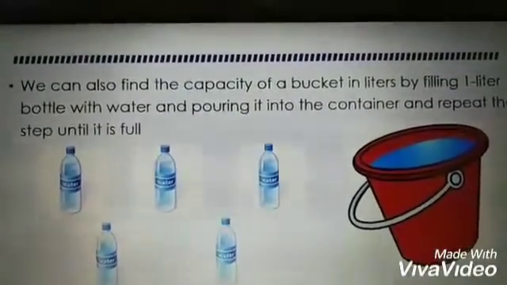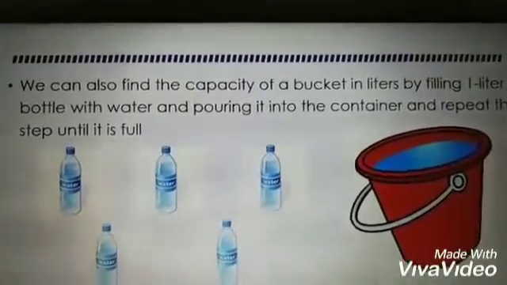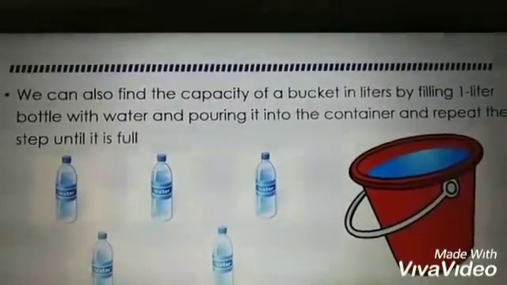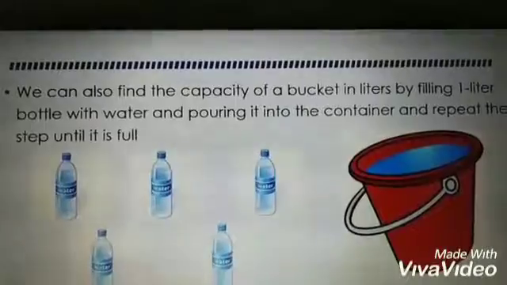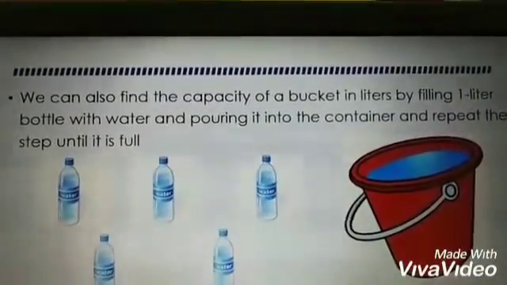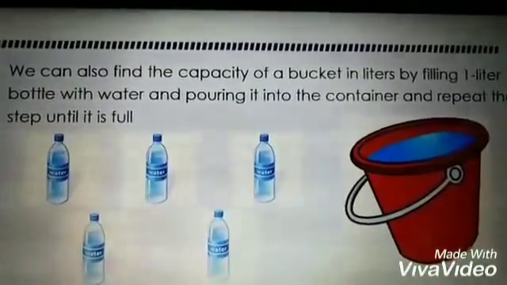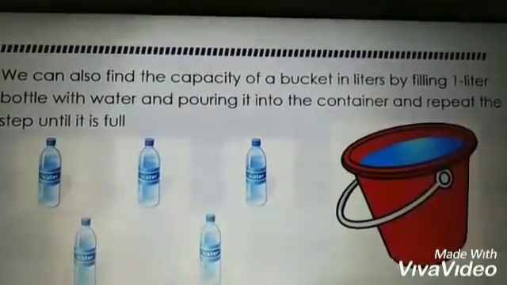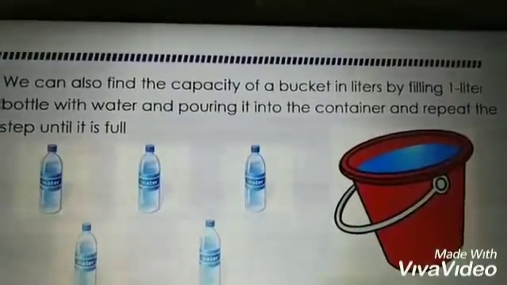In this example, we can find the capacity in another way. We can find the capacity of a bucket in liters by filling a 1-liter bottle with water and pouring it into the container, and then repeating this step until it's all full. This means that you can bring an empty bucket and start filling it using a 1-liter bottle filled with water.